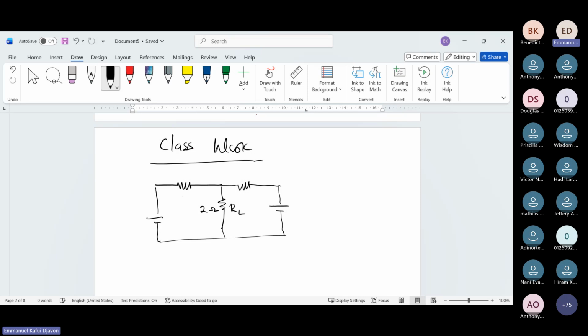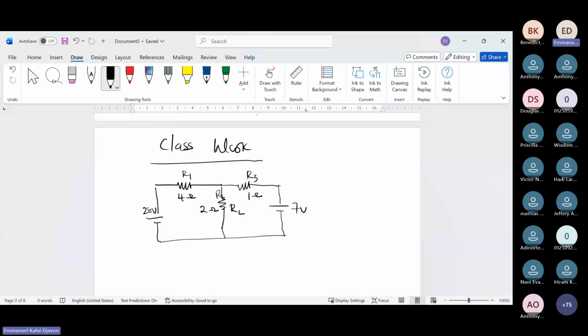So this is R1, this is R3, this is R2, this is 4 ohms, this is 1 ohm, this is 7 volts, this is 28 volts.